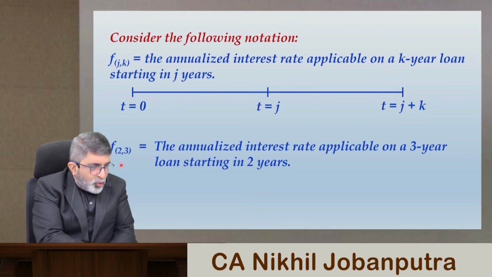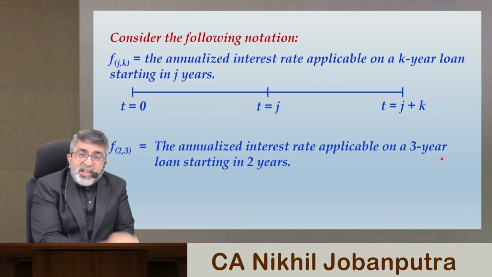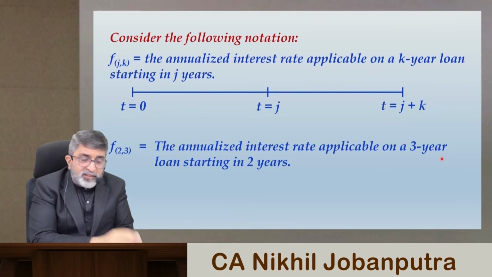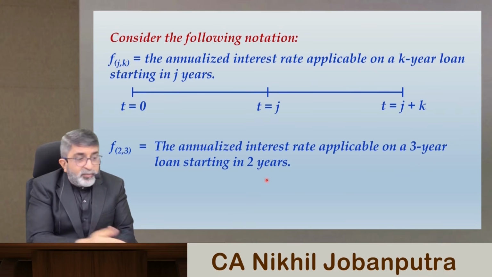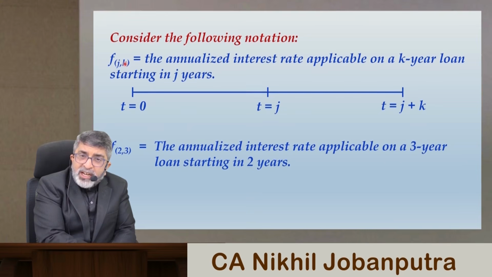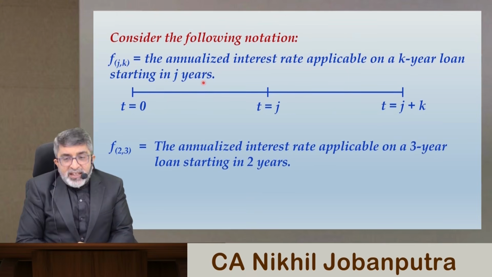That is why f2 comma 3 is the annualized interest rate applicable on a 3-year loan starting in 2 years. Likewise, j comma k is the annualized interest rate applicable on a k year loan starting in j years.